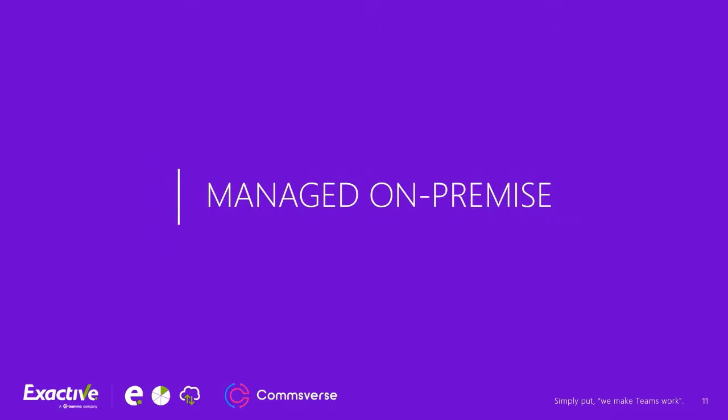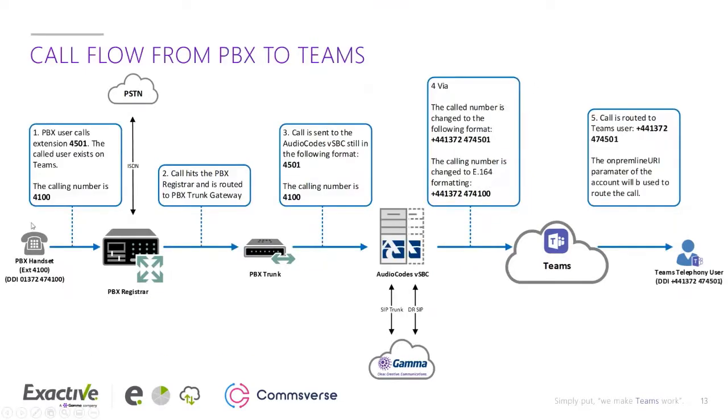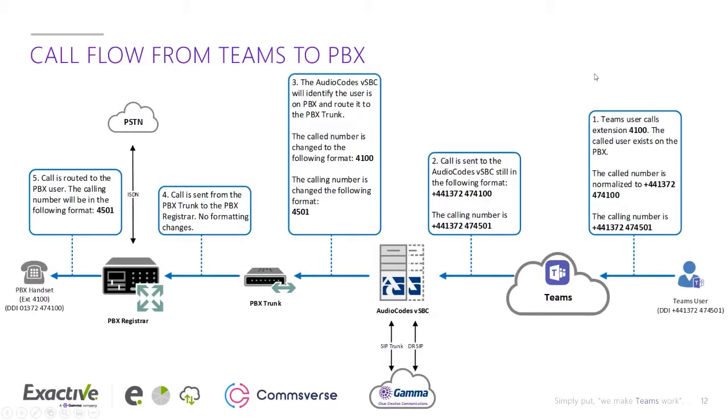So talking about the call flow, this is at a very, very high level how it would look. This is a standard call flow from Teams to a PBX. I'll go back quickly. So, for example, the Teams user has recently been migrated, but they still know the extension dial of their person next door or the person in the other office.